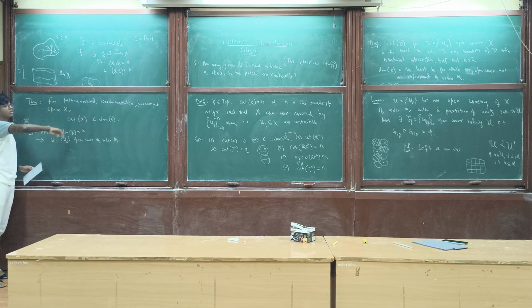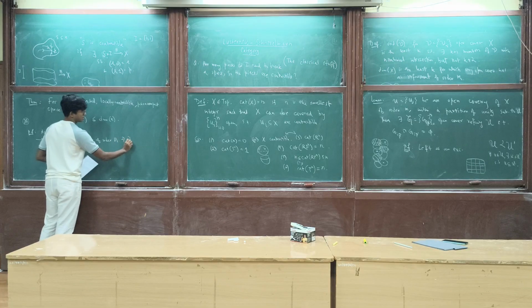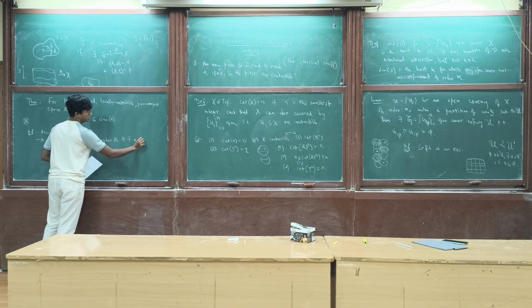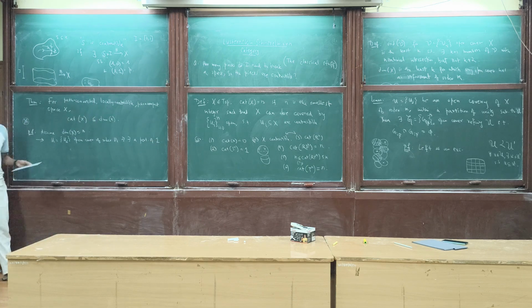Now, paracompactness and local contractibility imply that there exists a partition of unity. I'm not going to explain this.